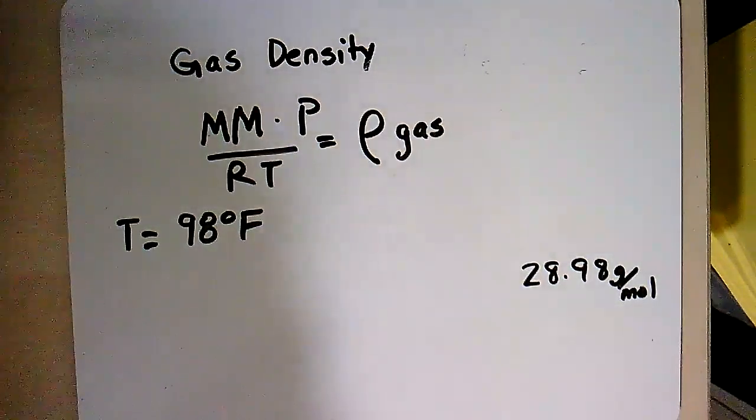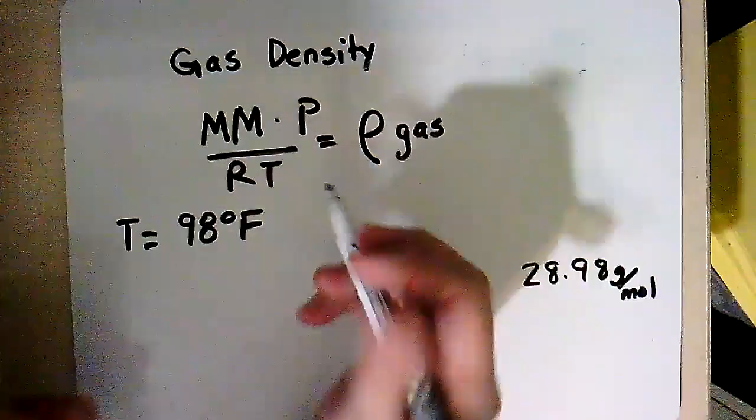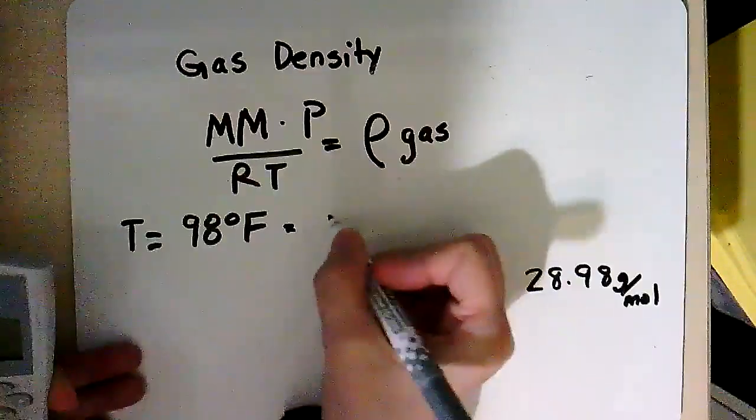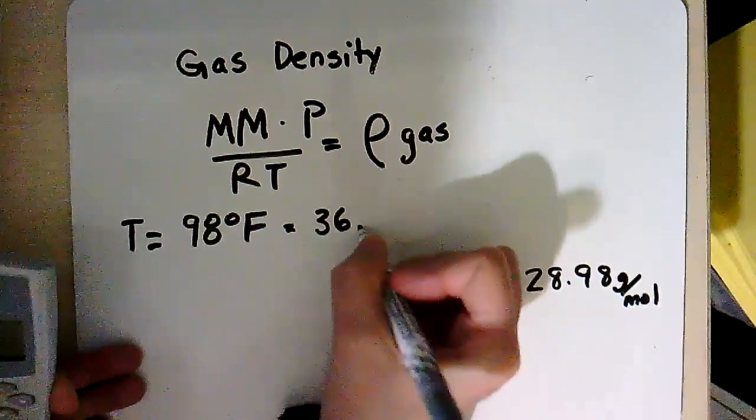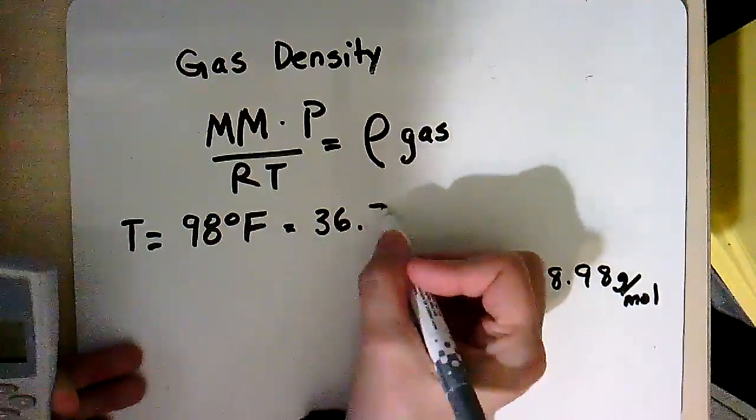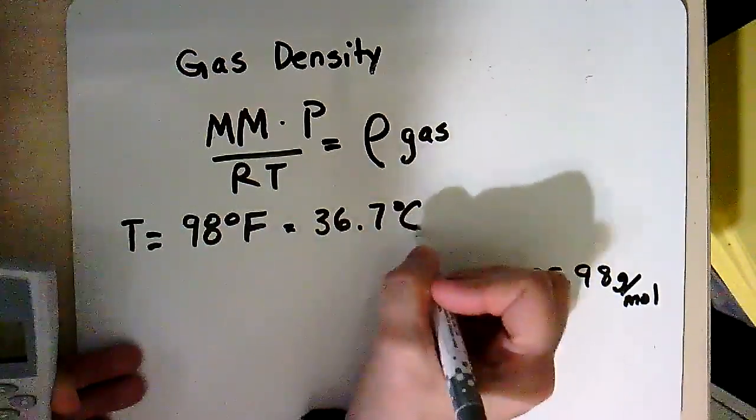Well, we can just go to Google and ask, or we could just take 98 and subtract 32 from it. And then we just need to multiply that by 5 and divide it by 9, and we end up with 36.7 degrees Celsius.